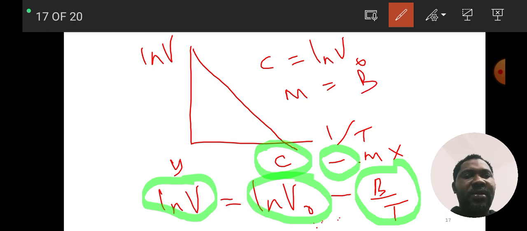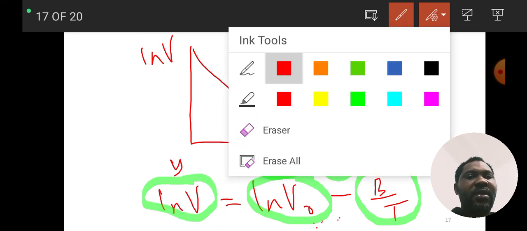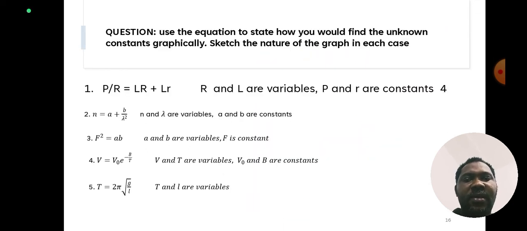Okay, slope m is equal to b. That is it for that. I think this is quite interesting. This is quite straightforward. So let's proceed to the next one.